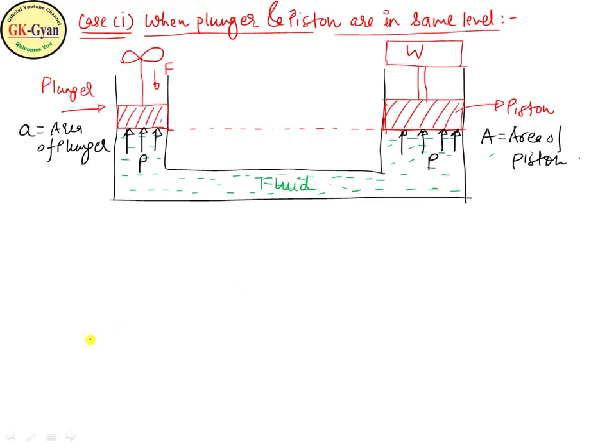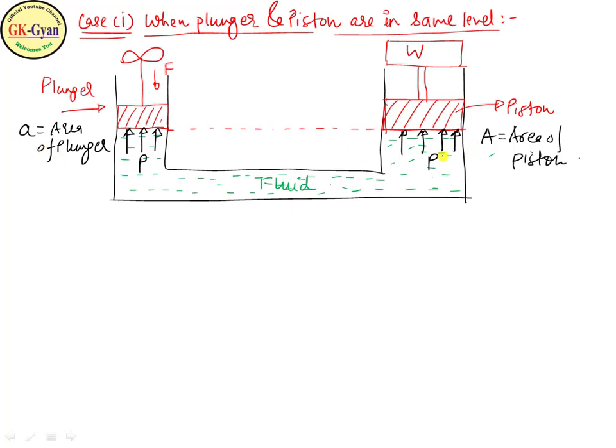So in this diagram the plunger and piston are on the same level. The pressure acting on the surface of the plunger will be P, and here also the pressure acting on the piston will be P by the fluid. Here the area of the plunger is small a and the area of the piston is capital A.